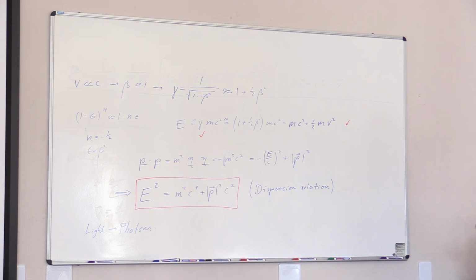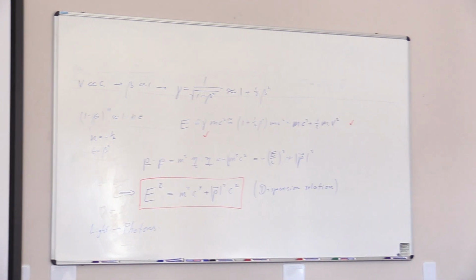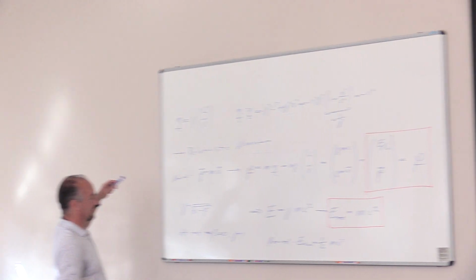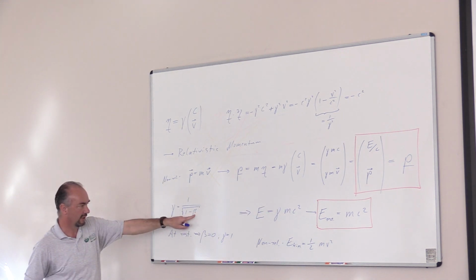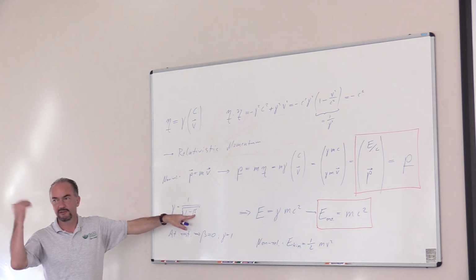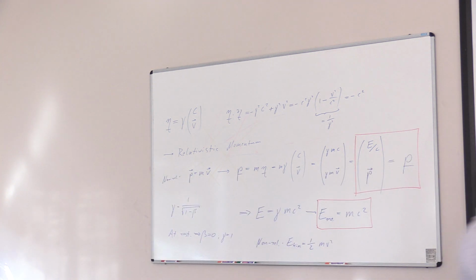These are light particles with the speed of light, right? So if they actually move with the speed of light, then we'd rather not have an expression like this for the energy, because gamma, if beta becomes 1, you divide by 0, it becomes infinity. So this probably doesn't really make sense anymore.